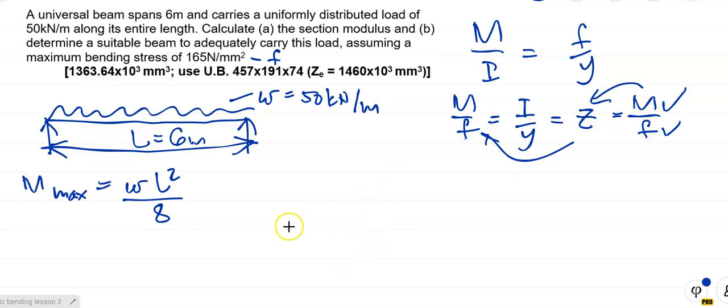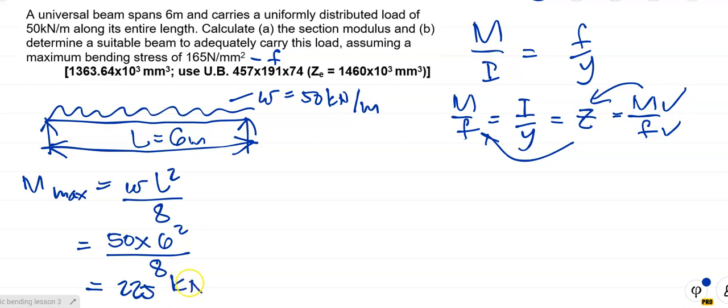Yeah, the joy of analysis, isn't it? Right, so therefore M is equal to 50 times the span squared over 8, which gives me 225, and it's a moment, kilonewton meters.